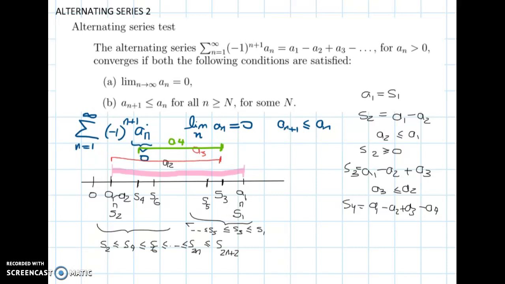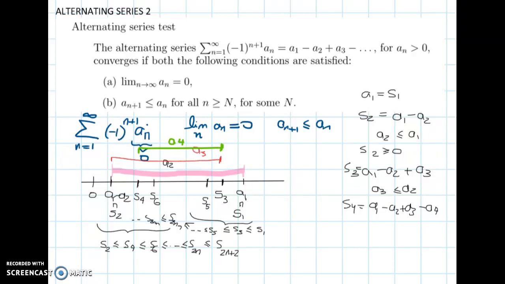I don't have a lot of space here, but I'll write that this is S2n minus 1 and S2n plus 1. So if we restrict ourselves to the subsequence of odd terms, this is a sequence that is decreasing.